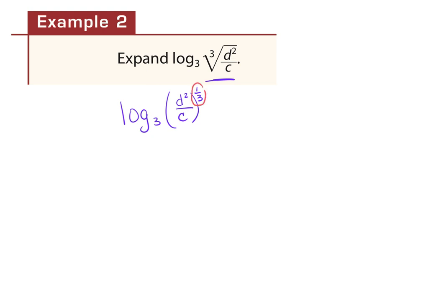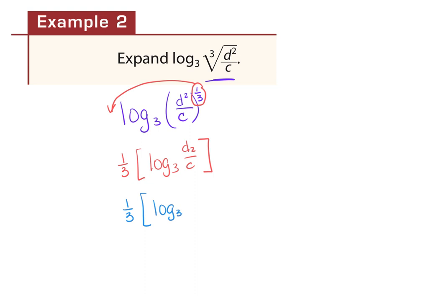To expand an exponent, that is going to become my coefficient. So I'm going to say 1/3 times the log base 3 of d squared over c. How do I separate division? What do I do with exponents when I have division? Subtract. So I'm going to separate these with subtraction. 1/3 times, I have a log base 3 of d squared minus a log base 3 of c.